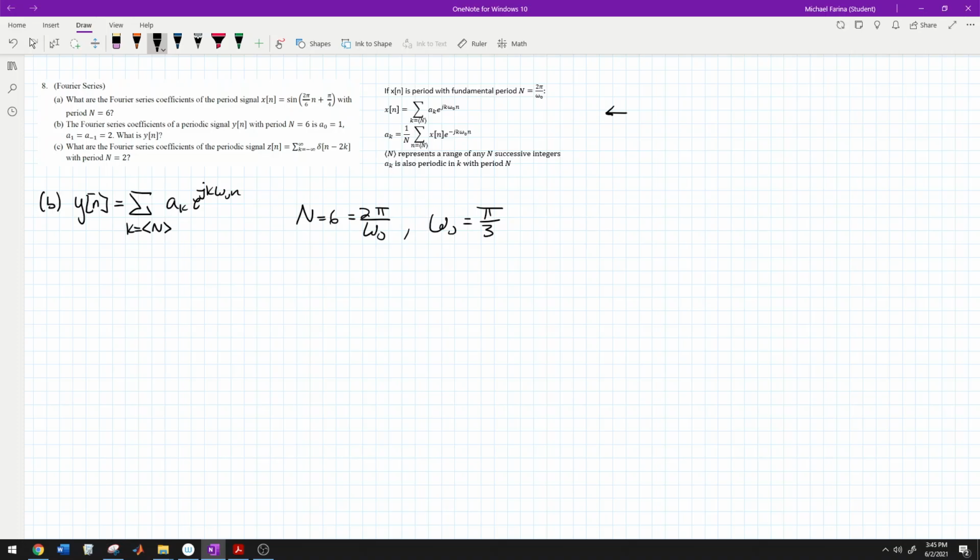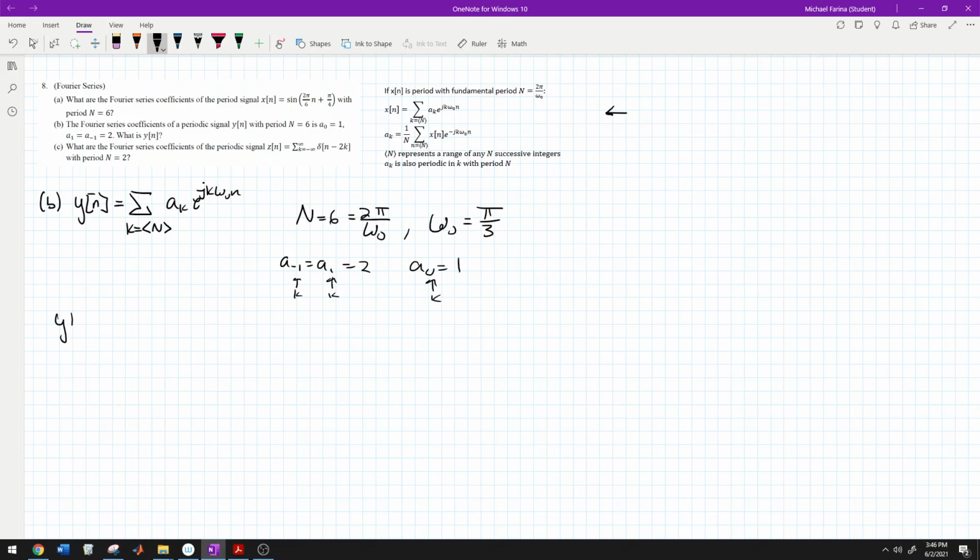And we have a of negative 1 is equal to a of 1, and that's equal to 2, and a of 0 is equal to 1. So this is our k, this is a k, this is a k, and this is a k.